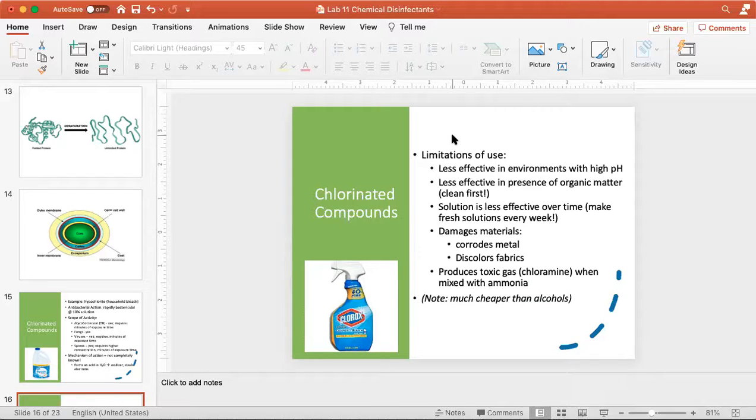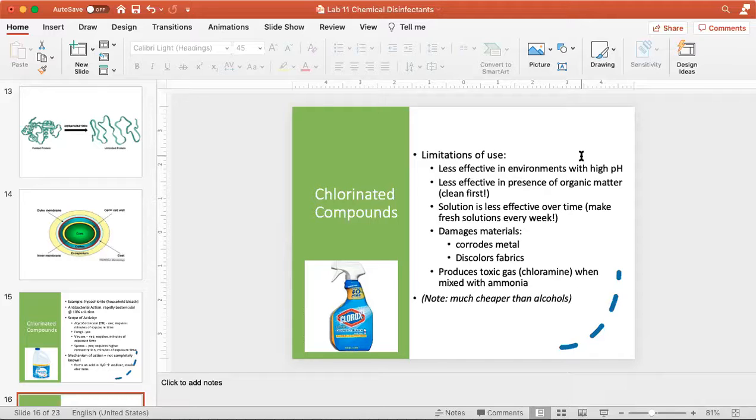Whenever you're using bleach in a basic pH environment, in other words, if the environment you're trying to clean has a relatively high pH, it's going to be less effective. Remember, bleach, when it's mixed with water and diluted, becomes an acid.